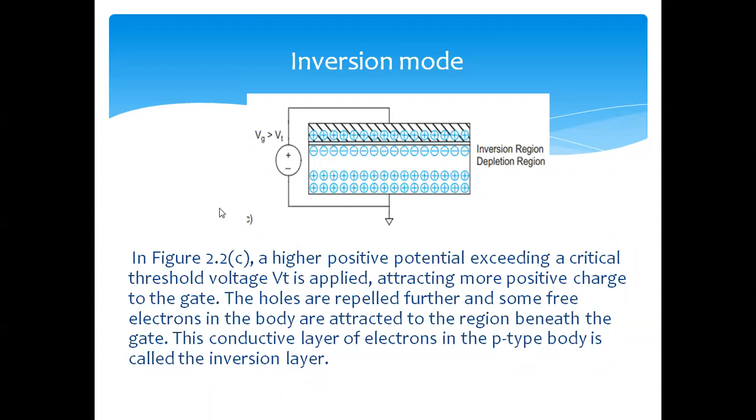Now what happens when a higher positive potential, exceeding the threshold value, is applied to the gate? It attracts more negative charges to the gate, the holes are repelled further and further, and some free electrons in the body are attracted to the region beneath the gate.